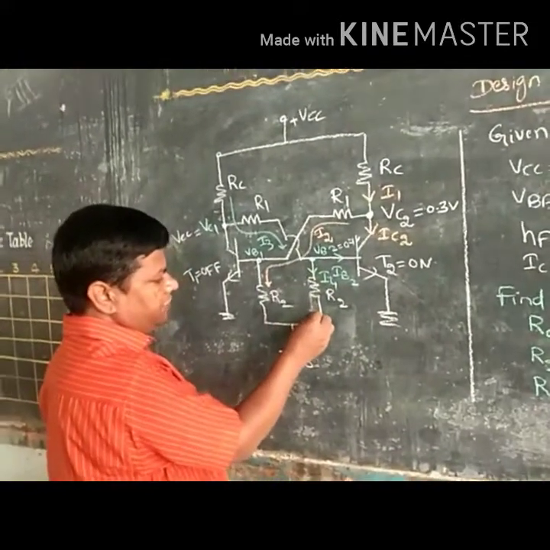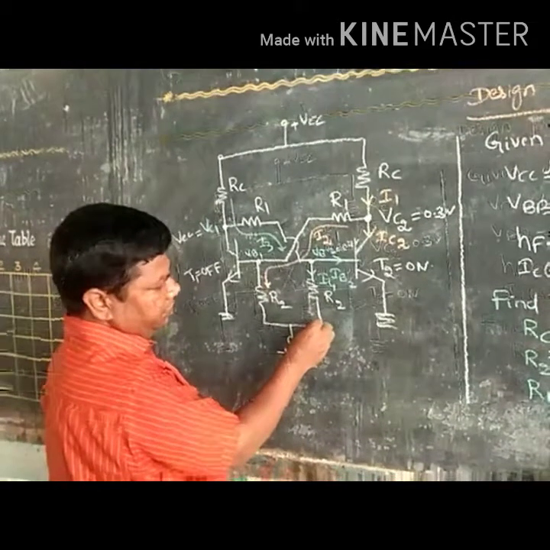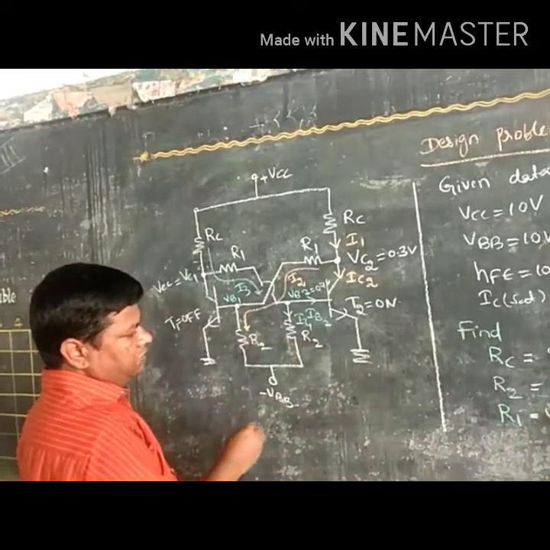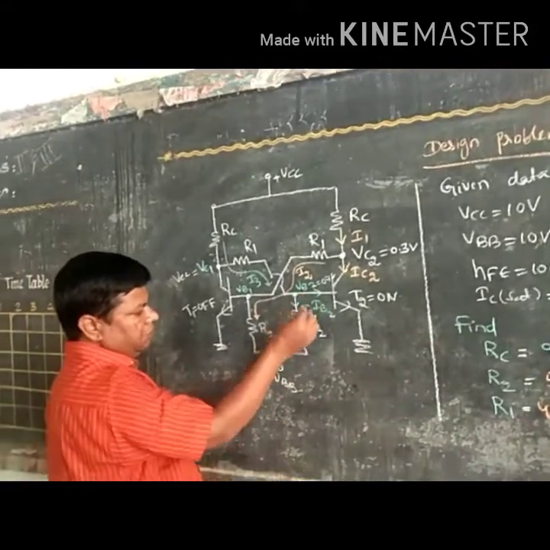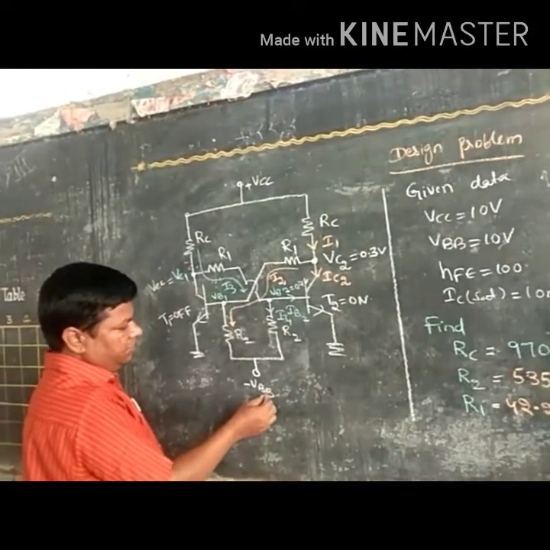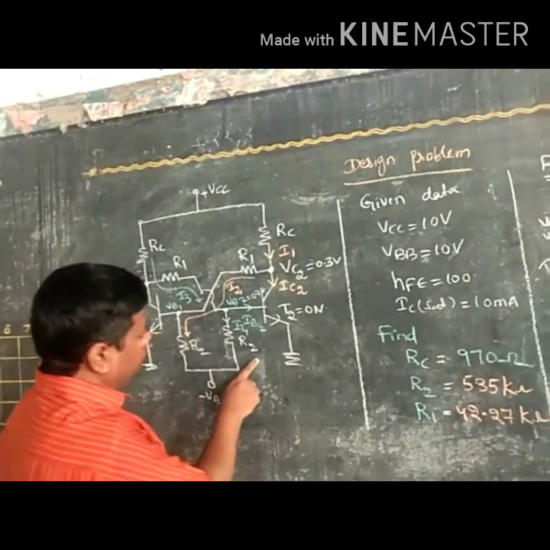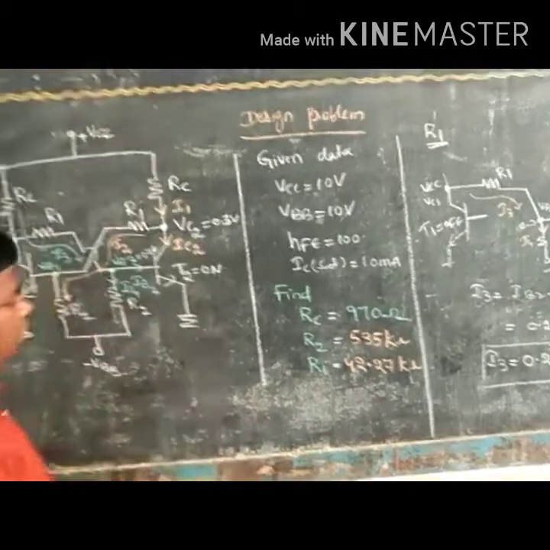A very small amount of current flows in this direction. Now you can calculate the I4. Once you know the I4, R2 is equal to VB2 minus VBB by I4. Based on that, R2 is equal to 535 kilo ohms.